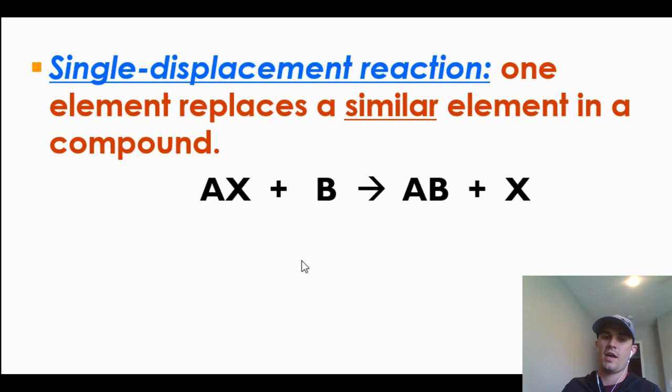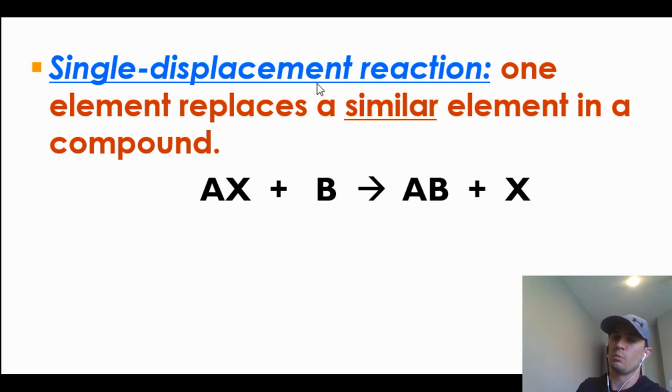So A had a partner, X, they went to the dance, B went to the dance, but as the dance went on, B kind of worked its way in and kicked X out, and X left the dance single, and B left as a couple with A. Okay, a single displacement reaction. Mr. Steal Your Girl here, B came in and kicked X out of that reaction, out of that relationship, and X left single. That is a single displacement reaction.